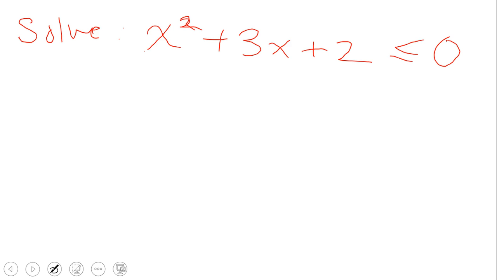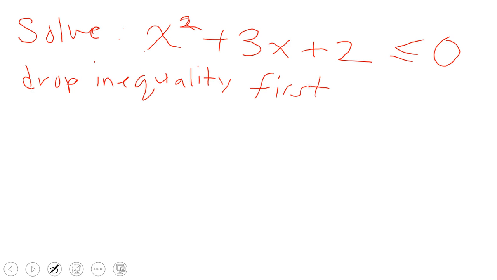I'm going to go ahead and drop this inequality symbol and pretend that it's an equation. So drop the inequality. That's the first thing you need to do. So you're going to drop the inequality first.